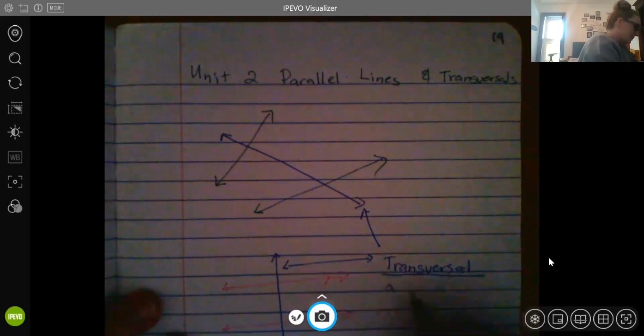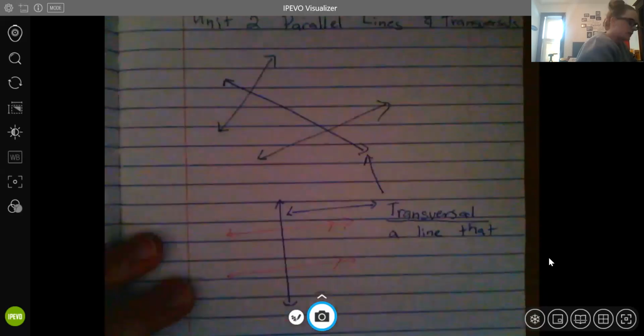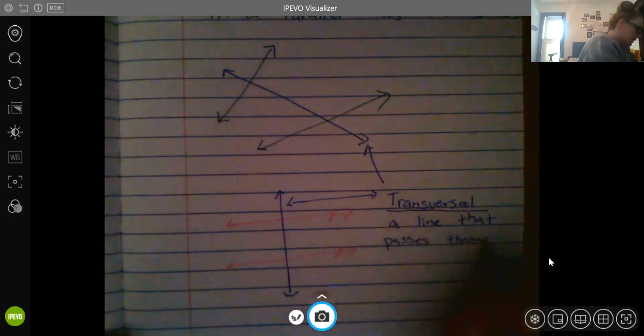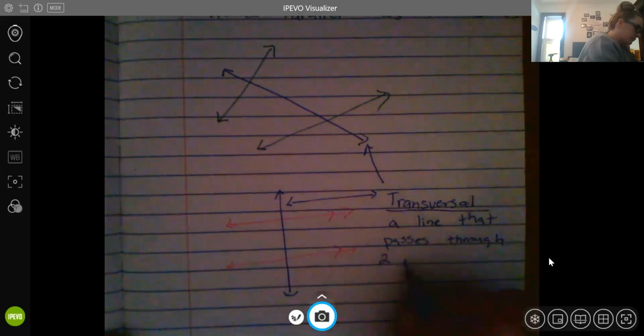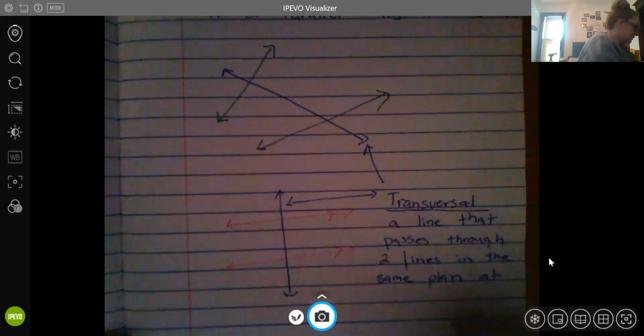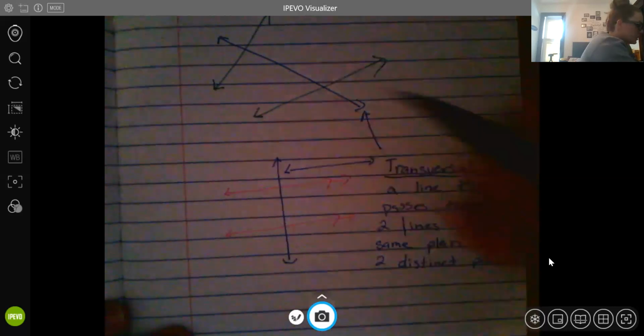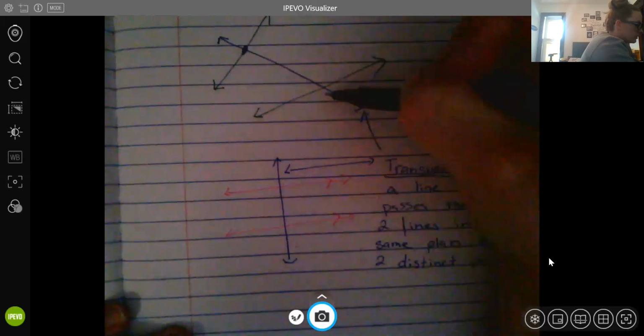So a line that passes through two lines in the same plane at two distinct points. Like here is a distinct point, here's a distinct point.